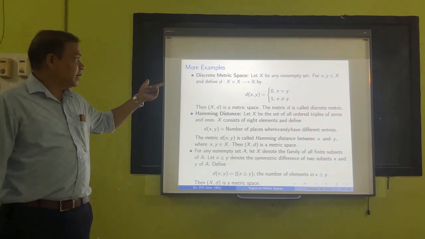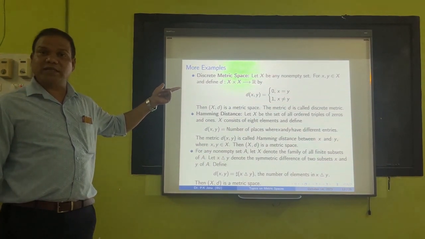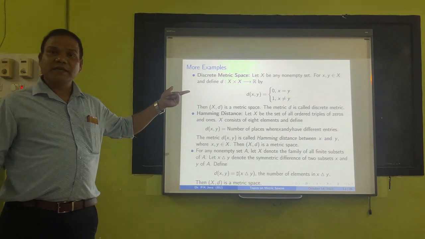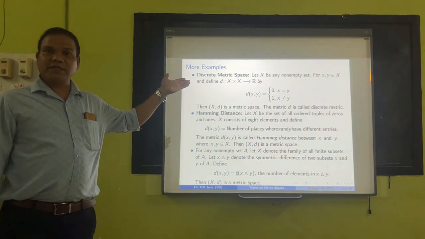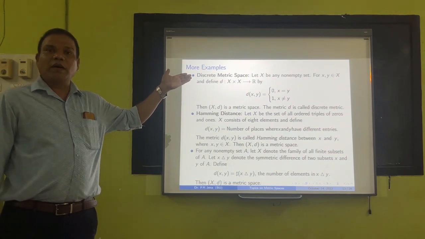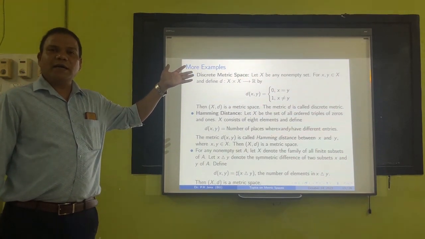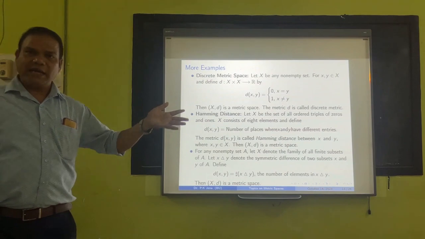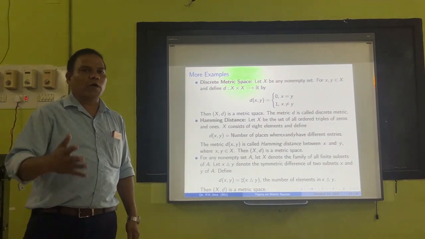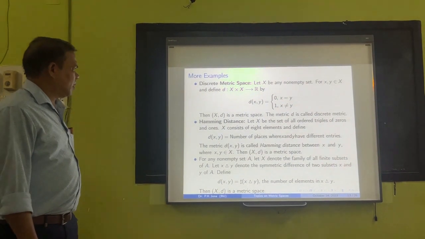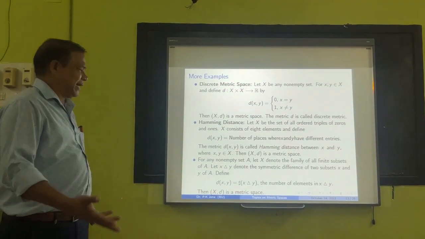Definitely d of x, y is 0 or 1, so it is greater than or equal to 0. And d of x, y equals d of y, x because it has only the values 0 and 1. Also d of x, y is less than or equal to d of x, z plus d of z, y. You can easily check the triangle inequality and all 4 properties, so it is a metric on any non-empty set X.